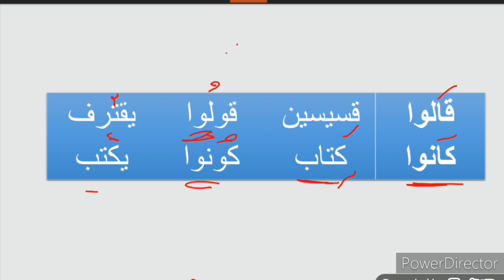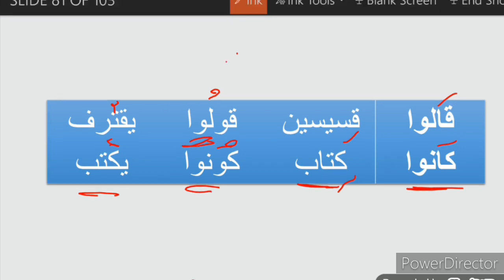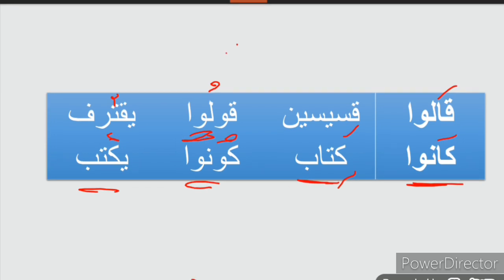The third one is yaktub. With kaf sukoon here we have to produce lots of air because of the characteristics of kaf in this case. So it will be yaktub, like this.